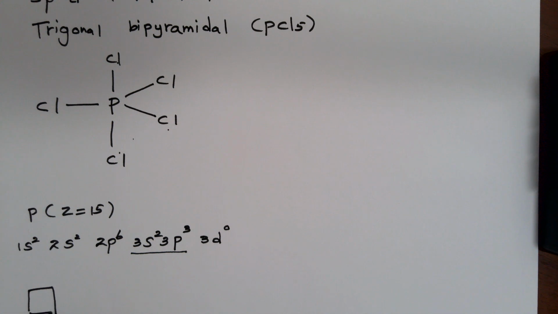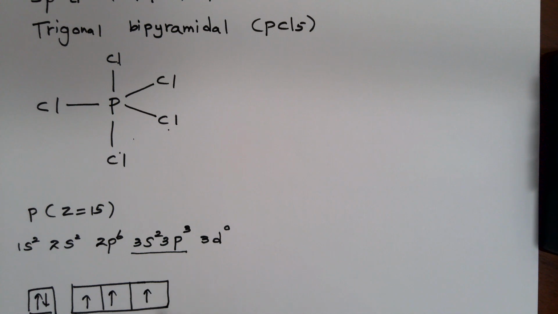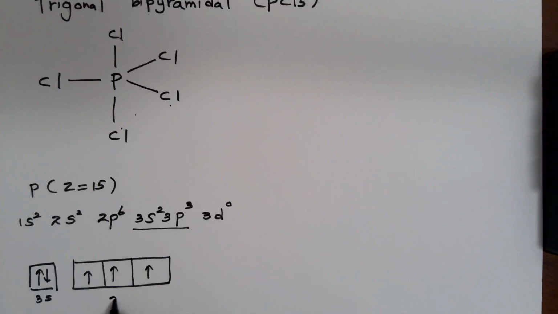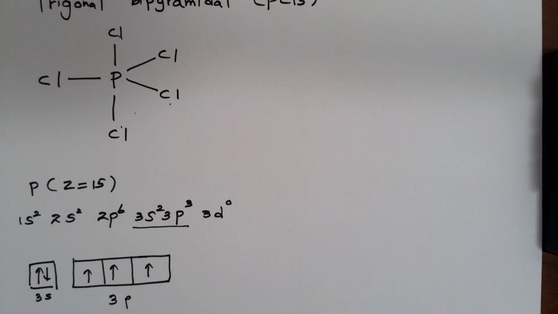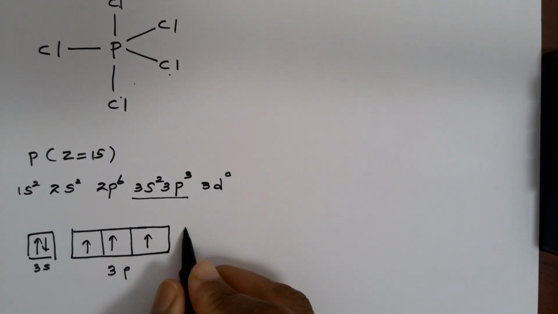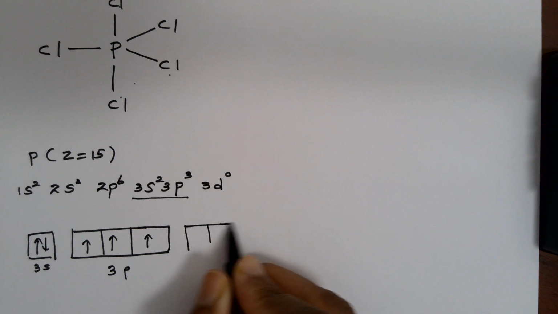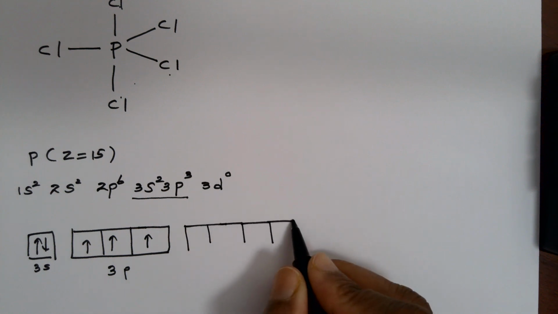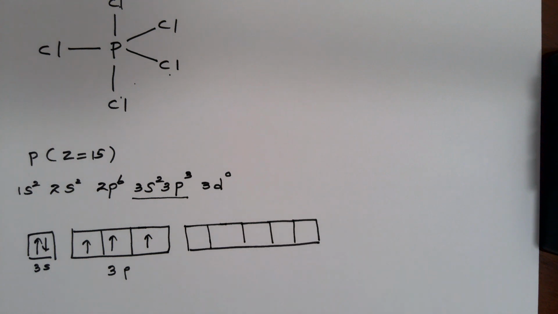For 3s2, there are 2 electrons in the 3s level, and in the p level, 1 singly occupied electron in each of the 3 p orbitals. The 5 d orbitals are available in 3d, but there are no electrons in 3d. So this is the valence shell of phosphorus.